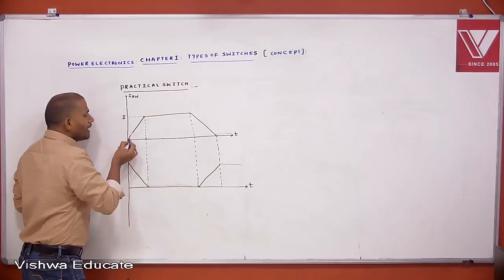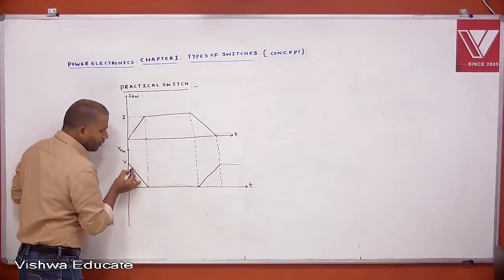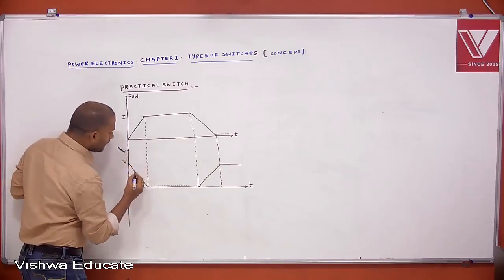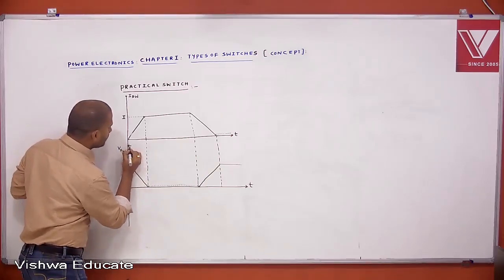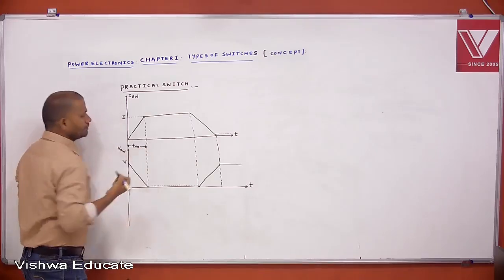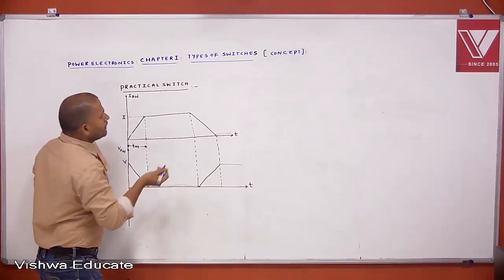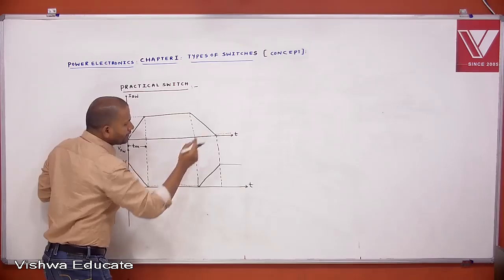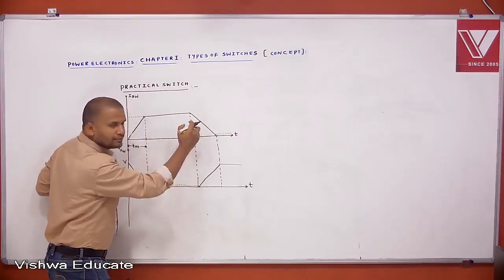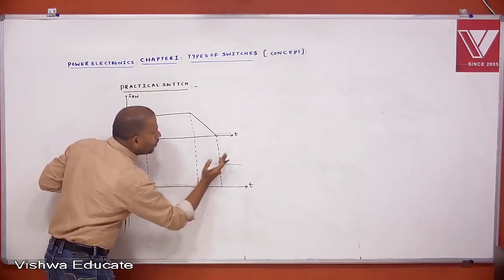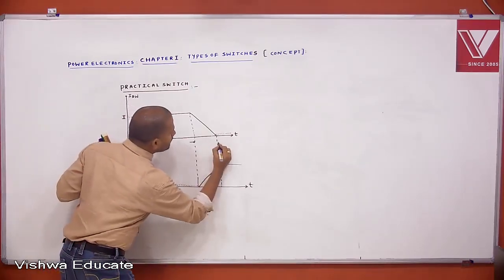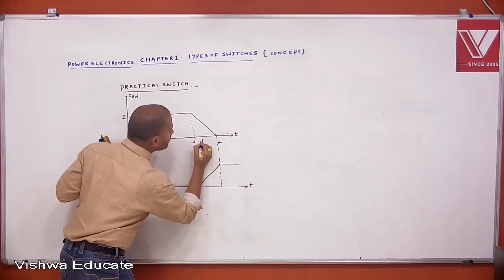Here current is rising, voltage is falling. Then this indicates that this is on state. Voltage is rising, current is falling. Then this state indicates off state.